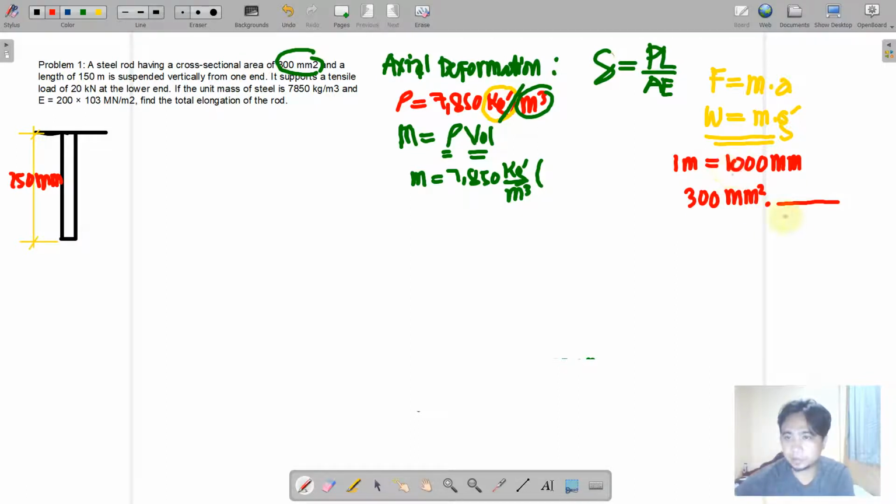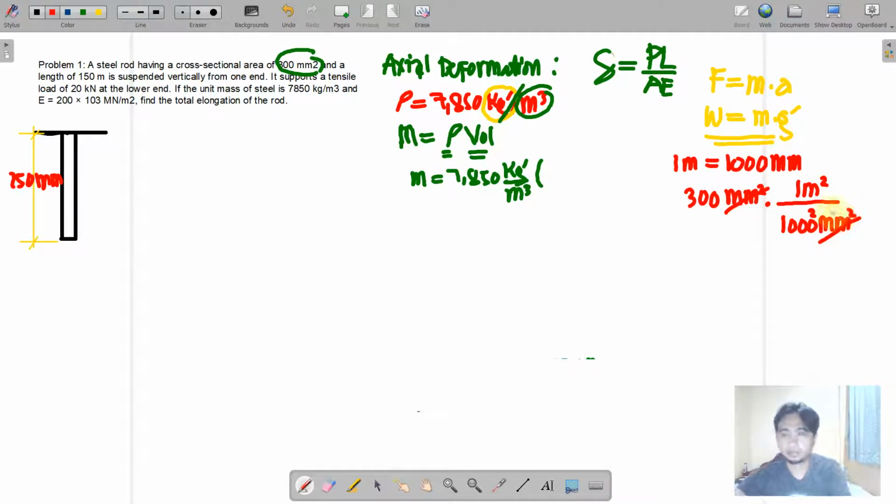So 1000 millimeters is 1 meter. Since this is squared, we also square the values to cancel.